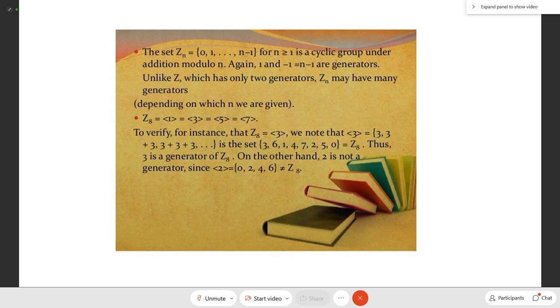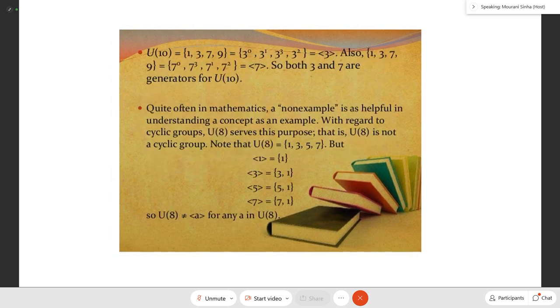Okay, then they're talking about the Zn group, which we have also discussed so many times. There's an example about Z8 and the generators. Just go through what they're telling you. 3 is a generator for Z8. Then you have U10 and its generators discussed. U8 is not a cyclic group. This we have explained to you already in a previous class.